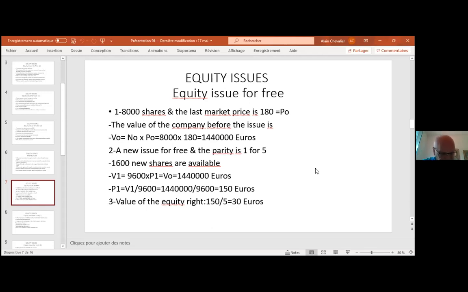Companies with high and regular growth over the years, and the example you find in the literature is very often Nestle, Nescafe, Nesquik, in the food industry, do an equity issue for free on average every 2 years.